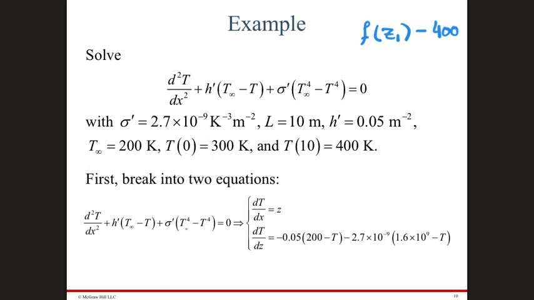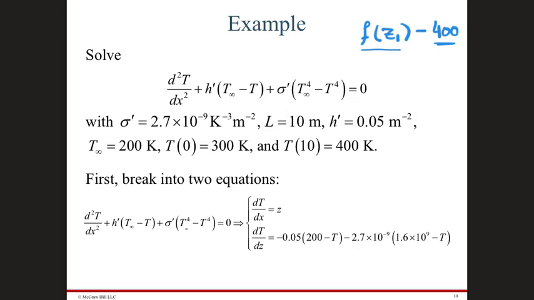So I take this evaluated at the final location, and it evaluates, for example, to 200. Then I subtract 400 from it, and this gives me the difference. I take that difference and plug it into the equation.